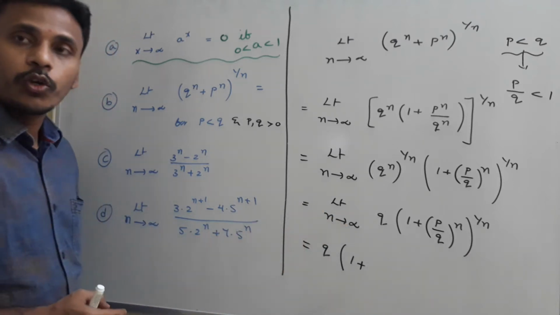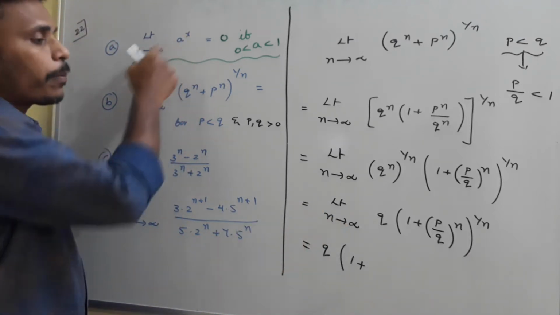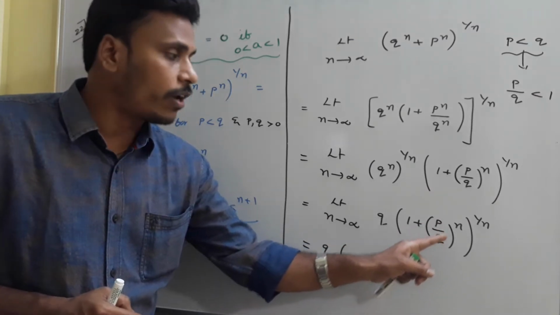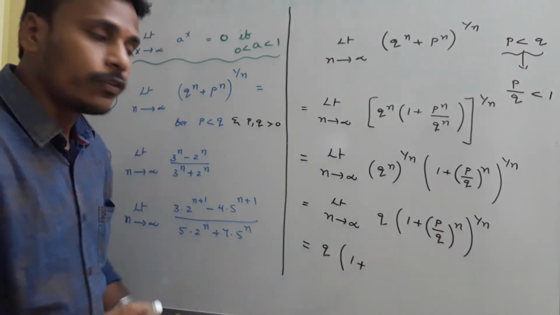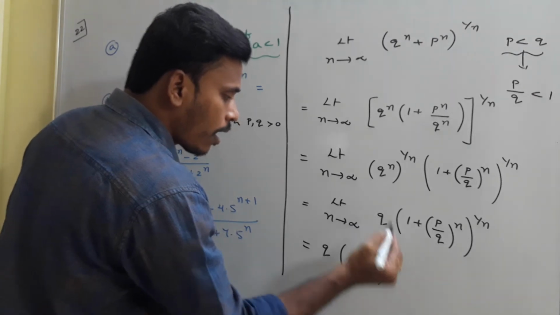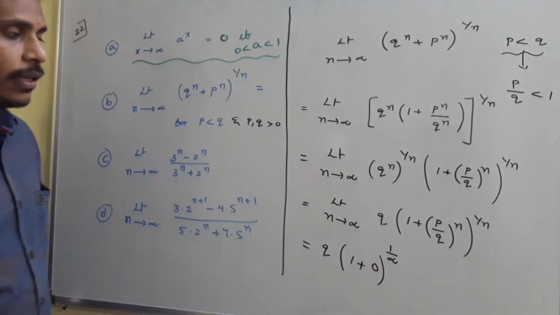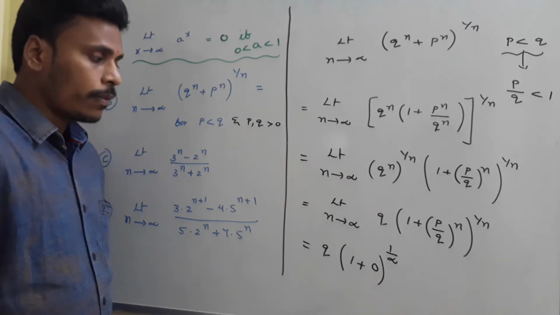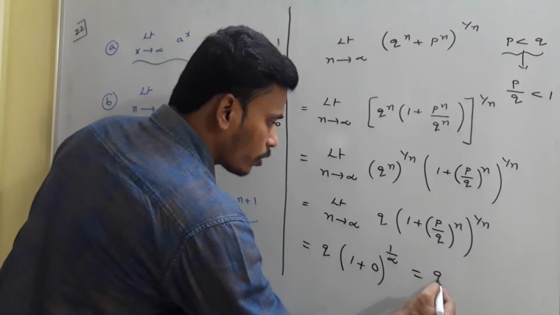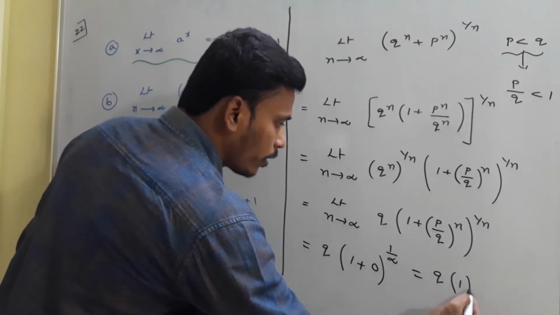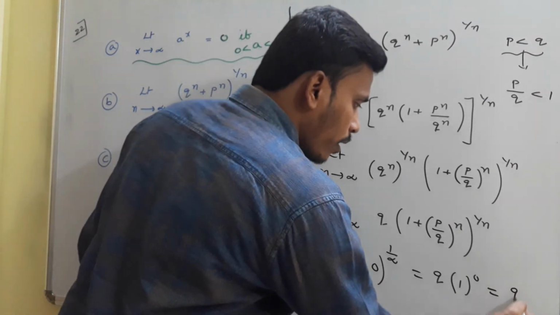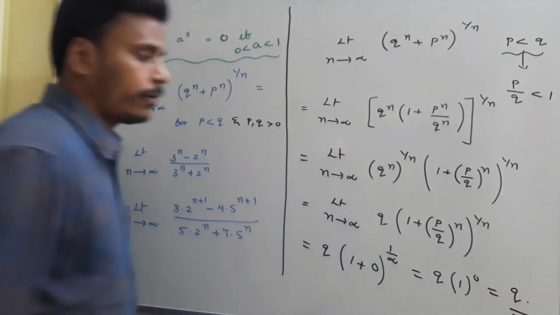As n is tending to infinity, it is the a power x format. So this p by q base, in between 0 and 1, to the power infinity will give you 0. So 1 plus 0 to the power 1 by infinity, that is q into (1 plus 0, which is 1) to the power 0. So 1 power 0 is just 1 and your answer is q at the end.